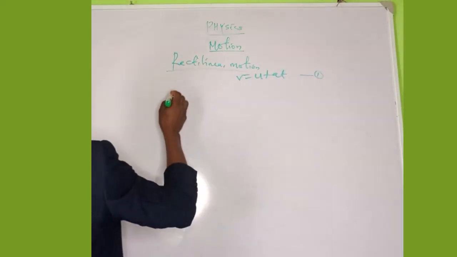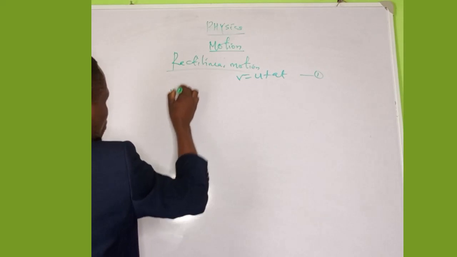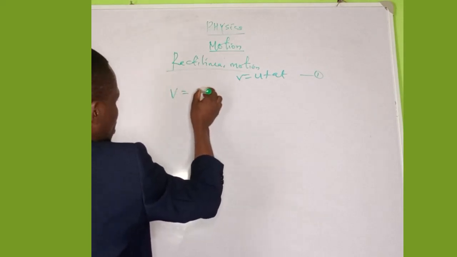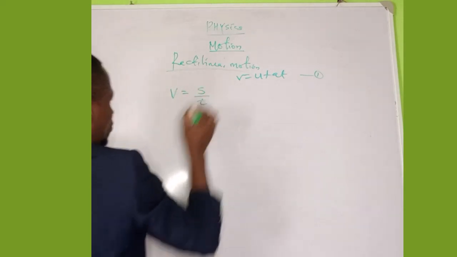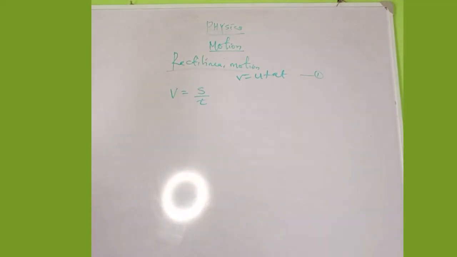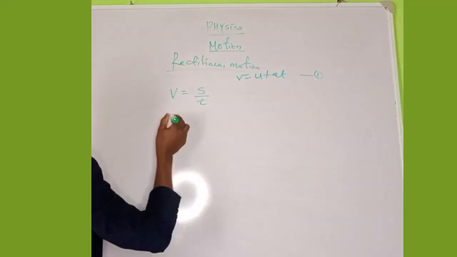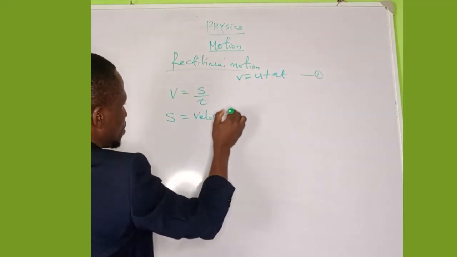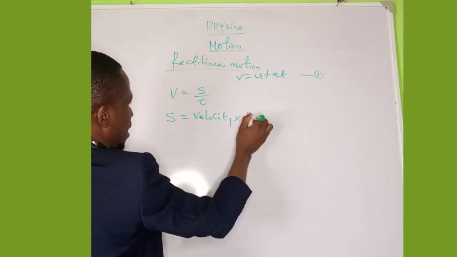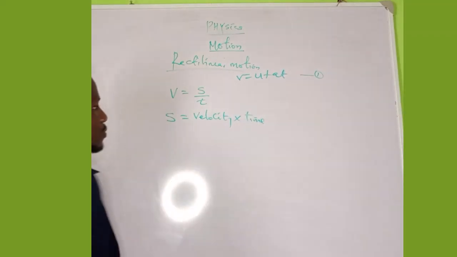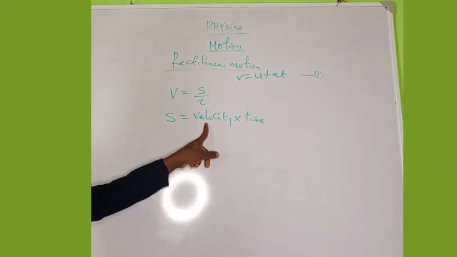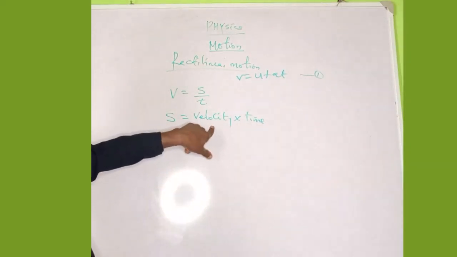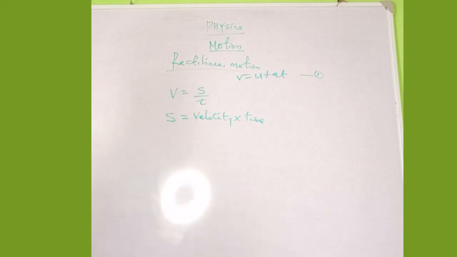Now, if velocity is change of displacement over time, or speed is distance over time, this displacement S or distance is equal to velocity times time. The velocity here is not the initial velocity, not the final velocity, it is the average of the two velocities.